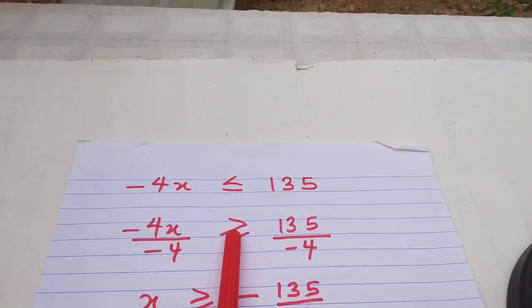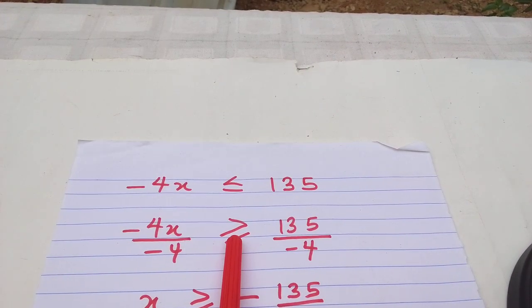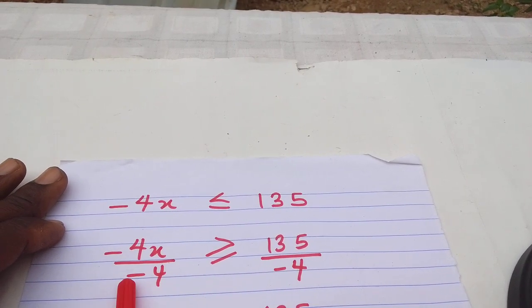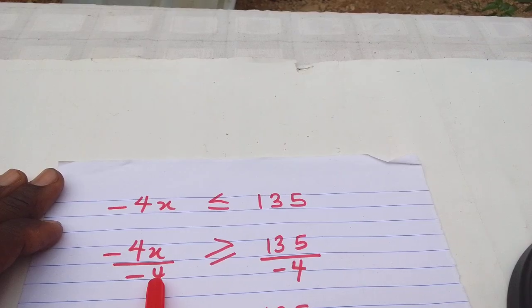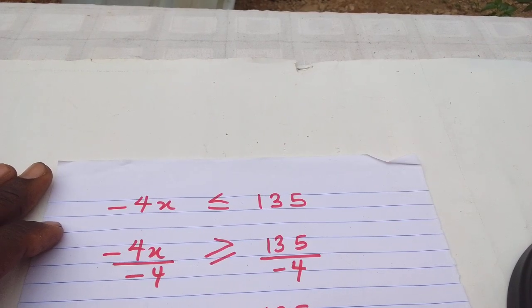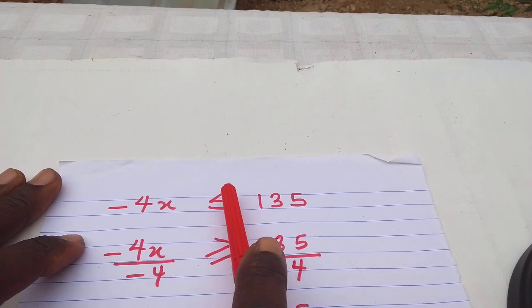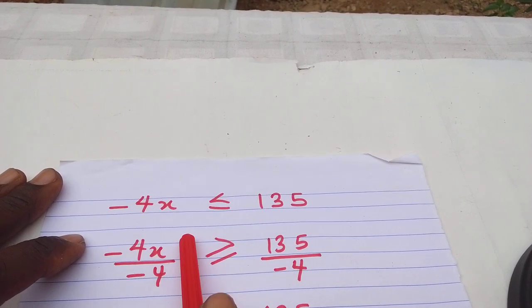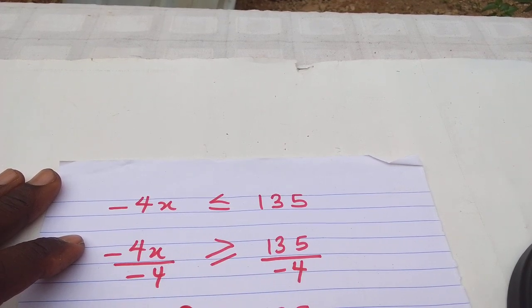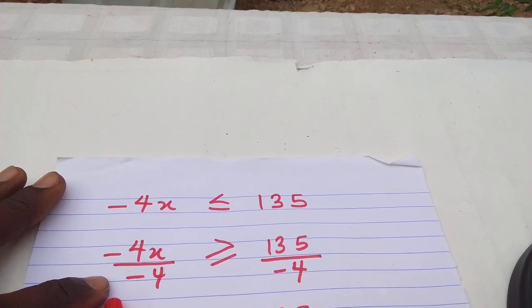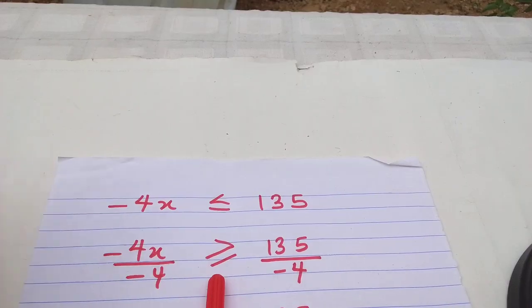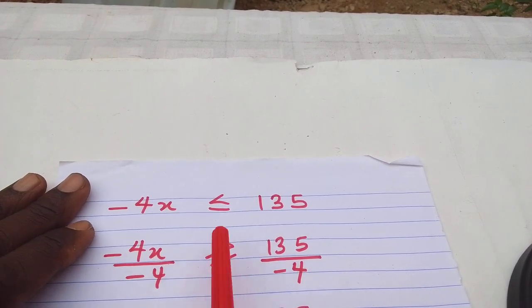It will become greater than or equal to, because you are dividing by a negative number. Anytime you are dividing by a negative number, if it is less than or equal to, it will change to greater than or equal to, or if you have greater than before, it will change to less than. So anytime you are dividing by a negative number, it will always change the inequality sign to the opposite sign.